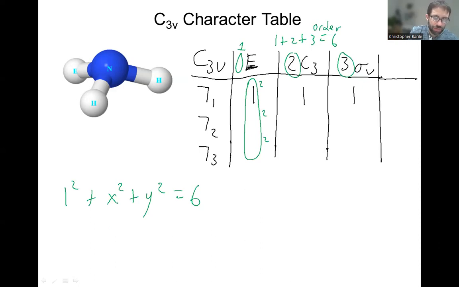But if it only can be a 1, 2, 3, 4, 5, you can very quickly see that in this case, the only way that this is going to work is if we have a 1 and a 2 as these values, because 1 squared plus 1 squared plus 2 squared equals 6. It would be too large if we had two 2's. So at this point, we can fill in a 1 and a 2.